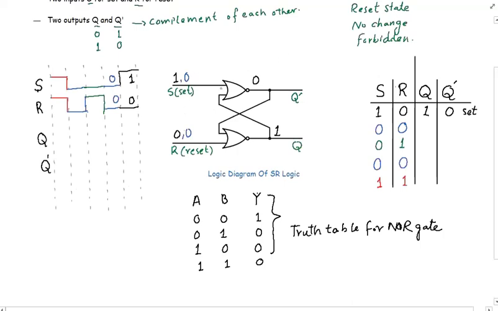So if we apply a 0 signal, here we have 1 and 0, which will again result in 0. Then 0 and 0 will result in 1 again. So at 0 0 the state of the latch will not change. So this state is called no change.